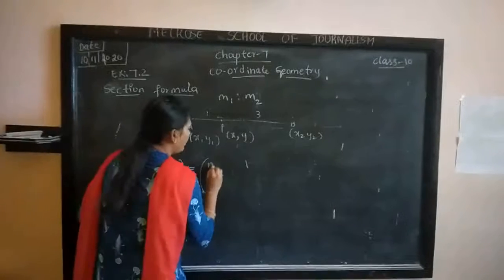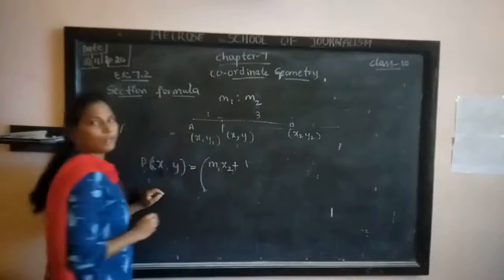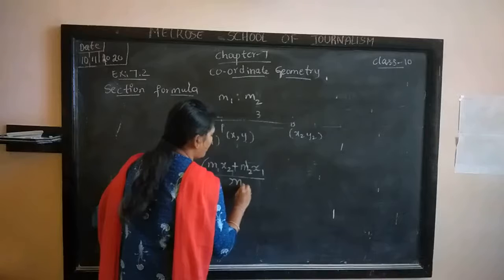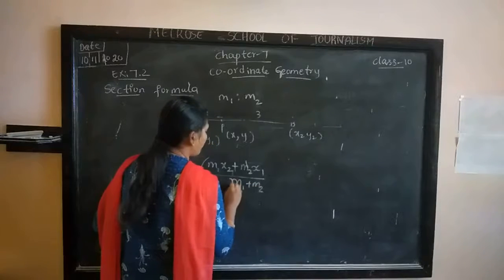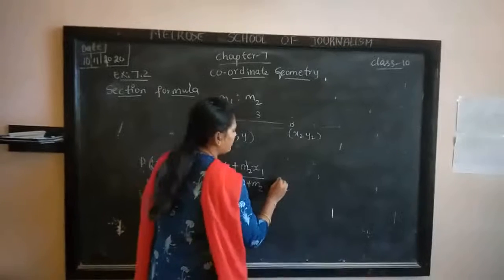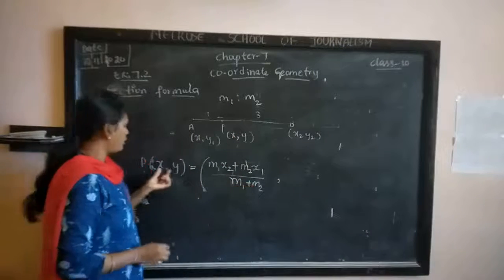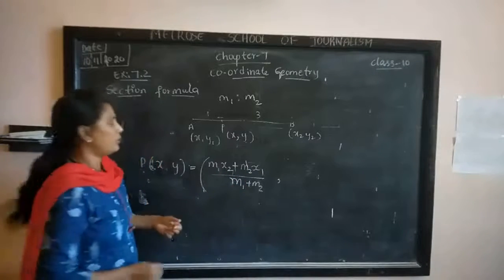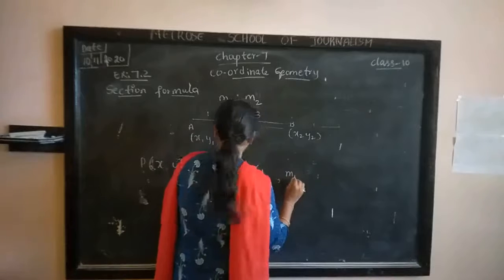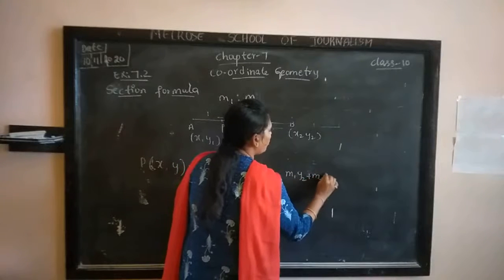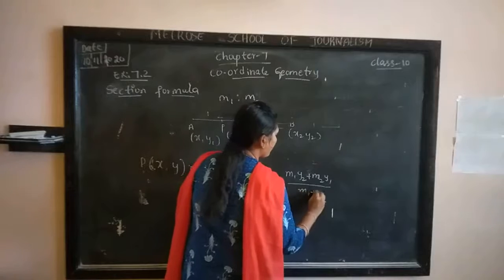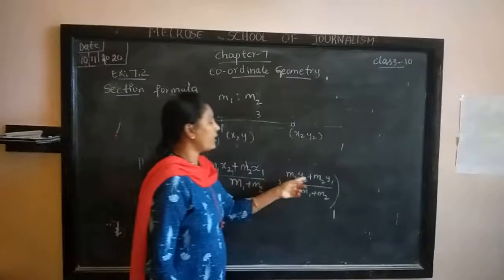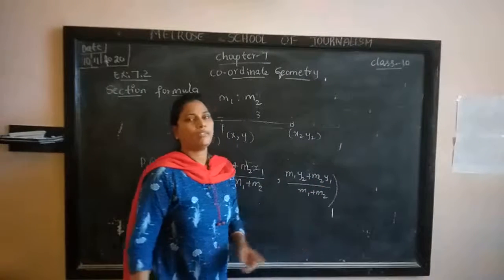So the x coordinate is M1 into x2 plus M2 into x1 divided by M1 plus M2, comma. For the y coordinate, it is M1 y2 plus M2 y1 divided by M1 plus M2.